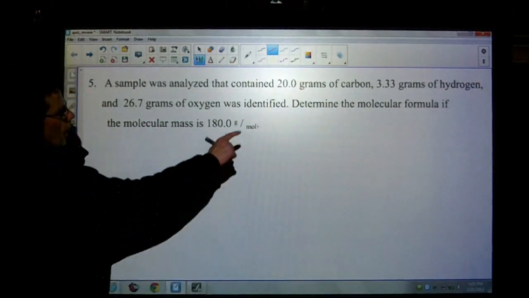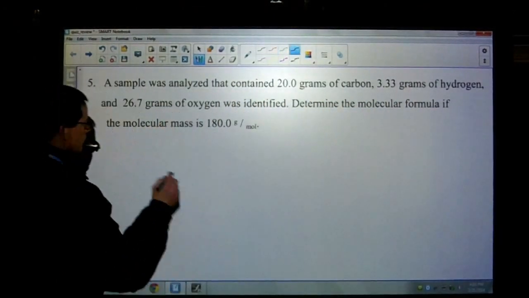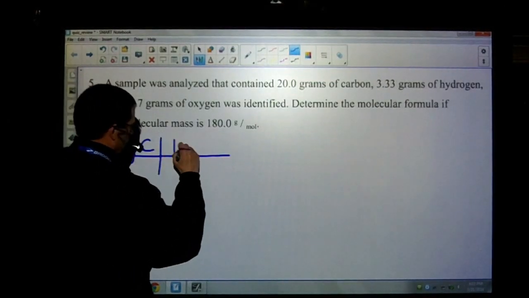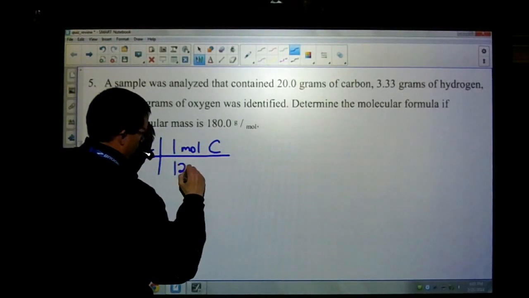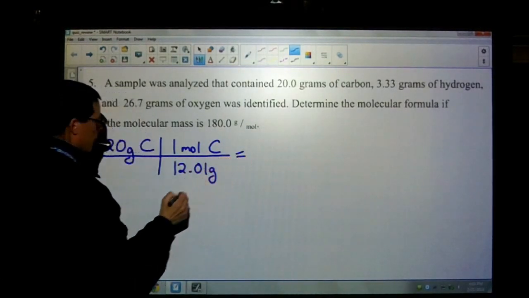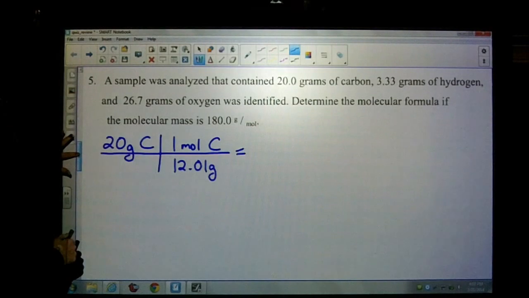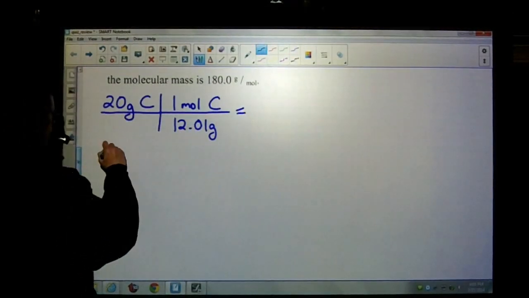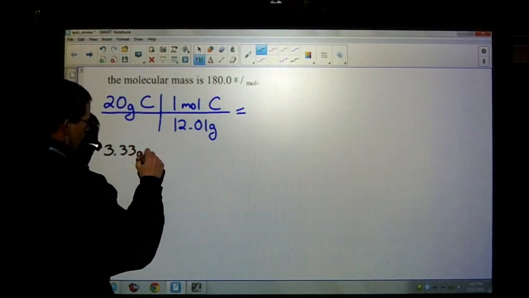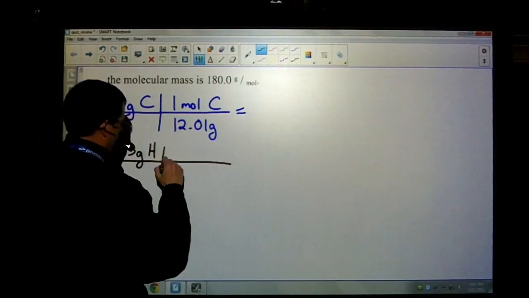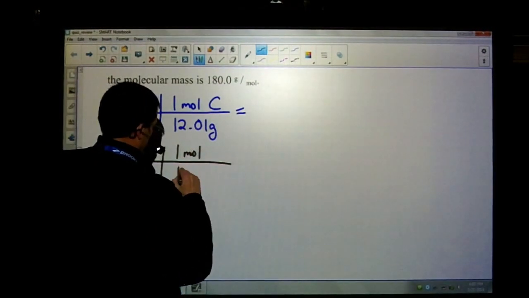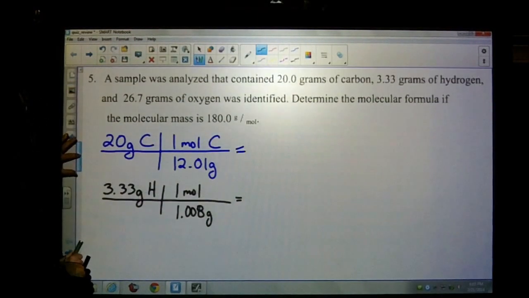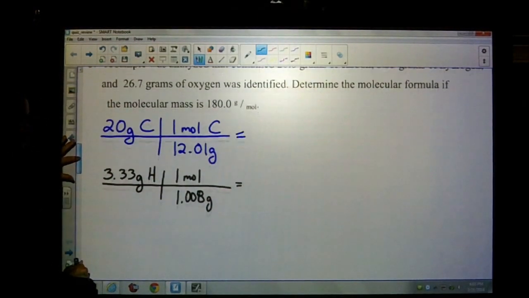So we have 20 grams of carbon. Now let's find out how many moles of that is. Okay. We also have 3.33 grams of hydrogen. We also have 26.7 grams of oxygen.